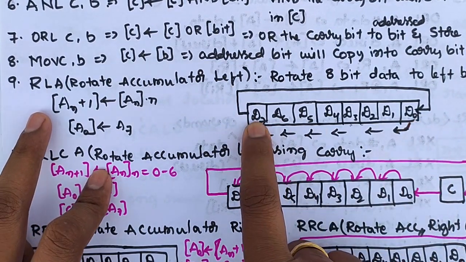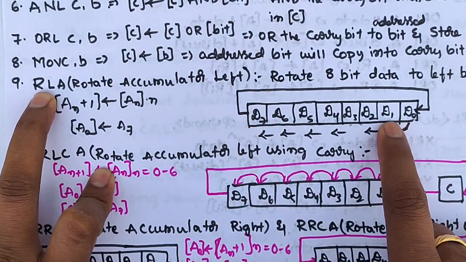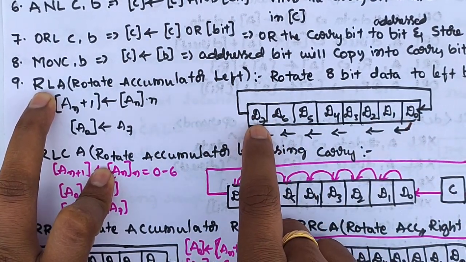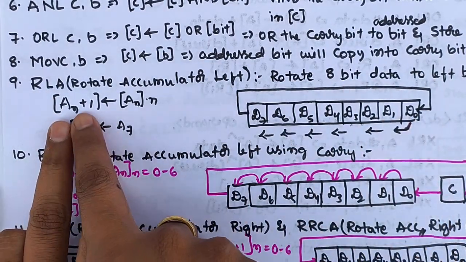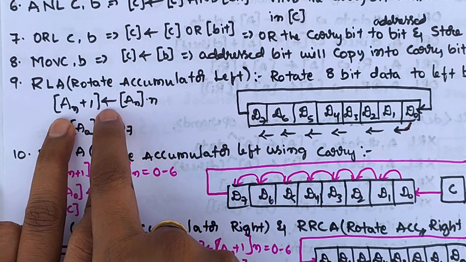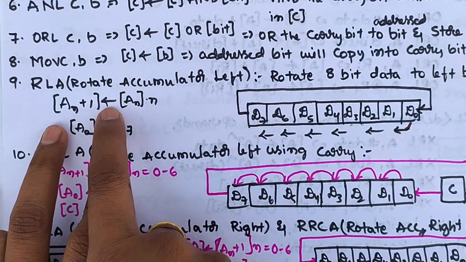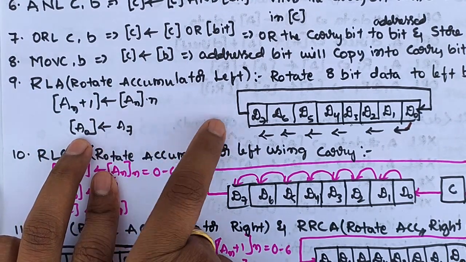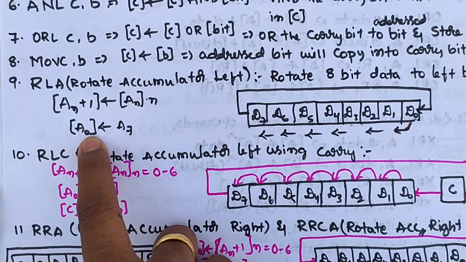So if you execute the instruction one time, D0 shifts to D1 and D7 shifts to the D0 position. Therefore Dn is transferred to Dn plus 1, and D7 is transferred to D0.